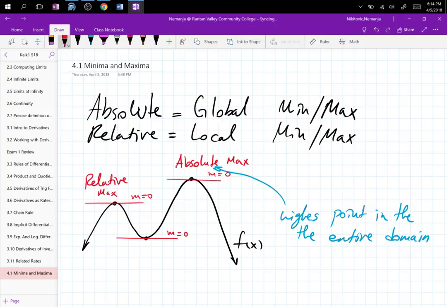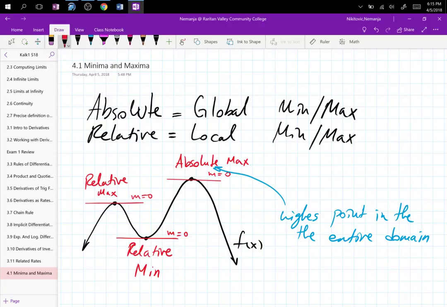And now we go to this minimum over here. What do you think the minimum is? Absolute or relative? Relative, very good. It was a 50-50 chance on that one. Now, why is it relative? It's relative because if I extend this tangent line, all of these values going forever are lower than our minimum.